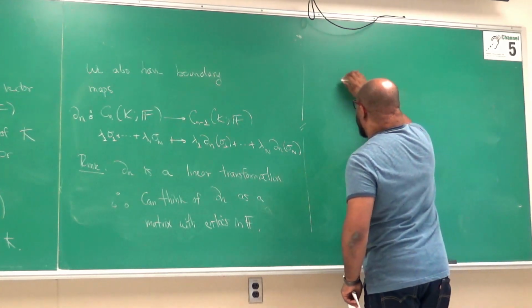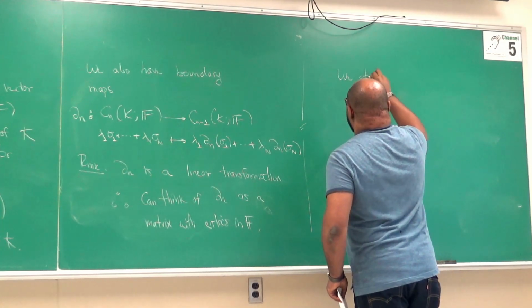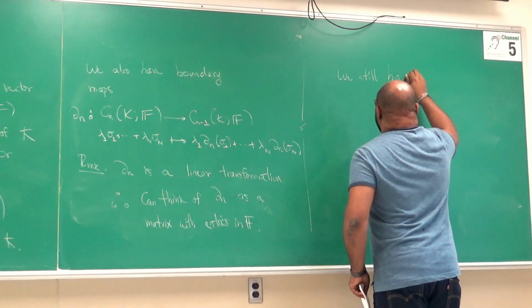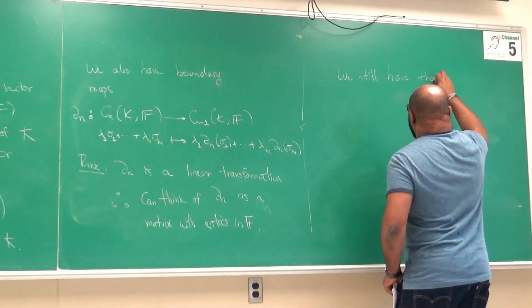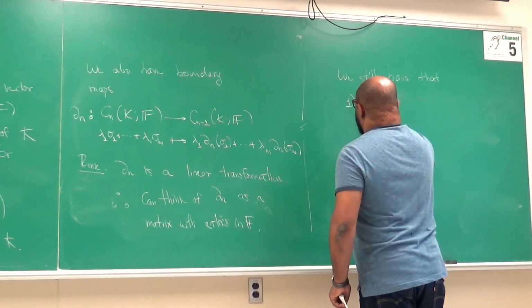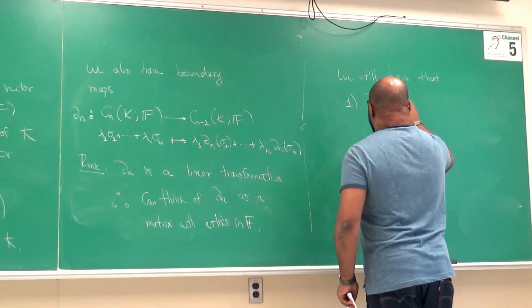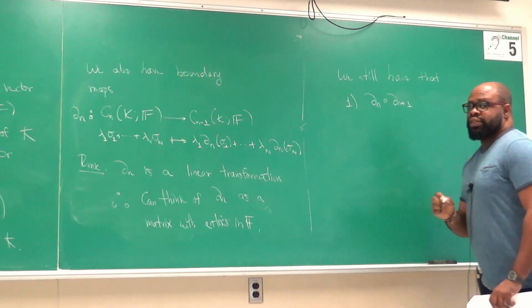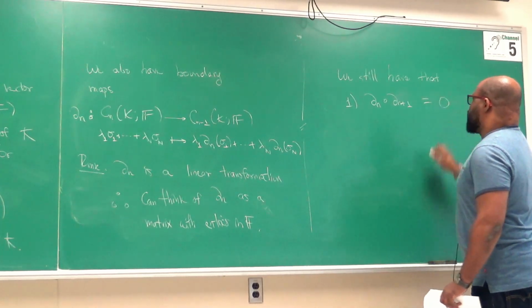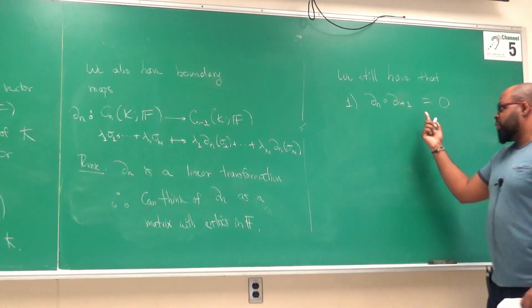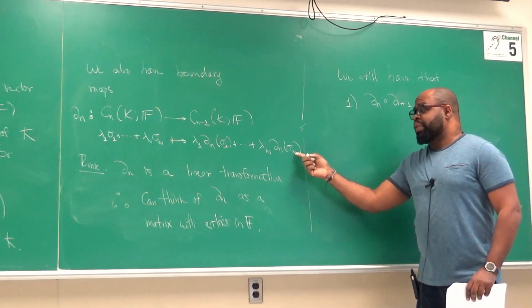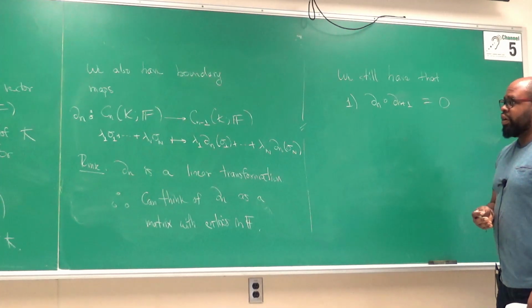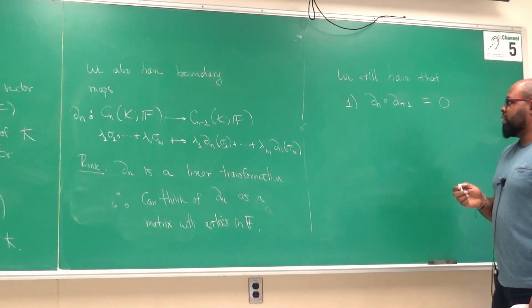So we still have that if you take two sequential boundaries, you get 0, because this was true for n simplices. So in particular, it is true for a basis.